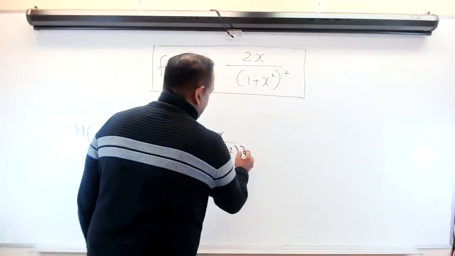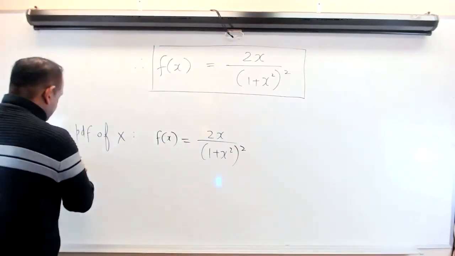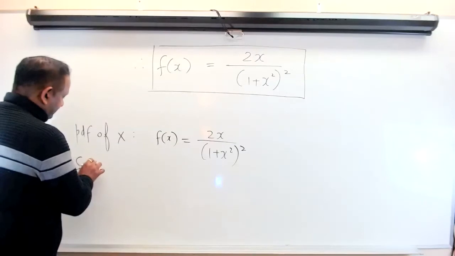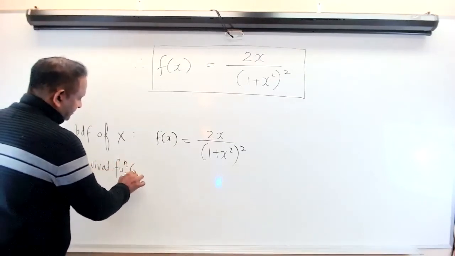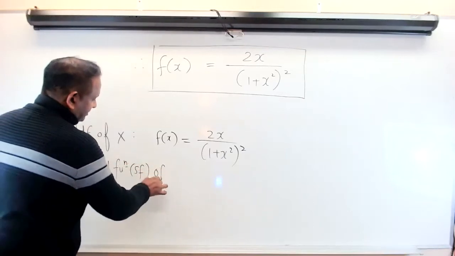Okay. We know the survival function. The shortened form is SF of x.